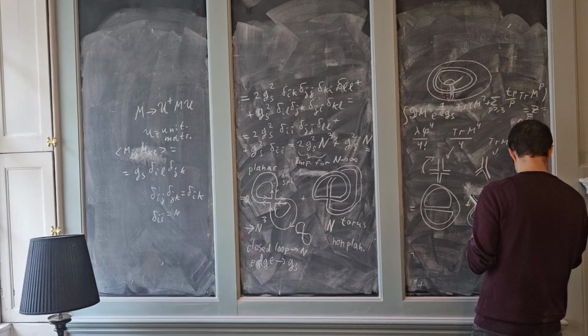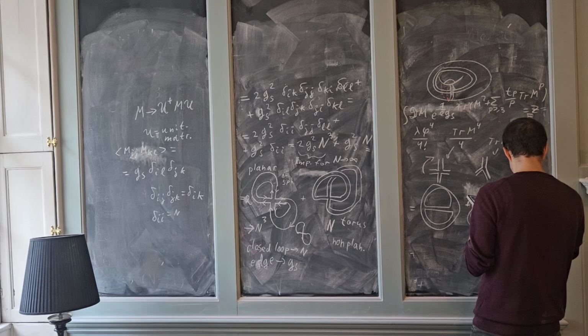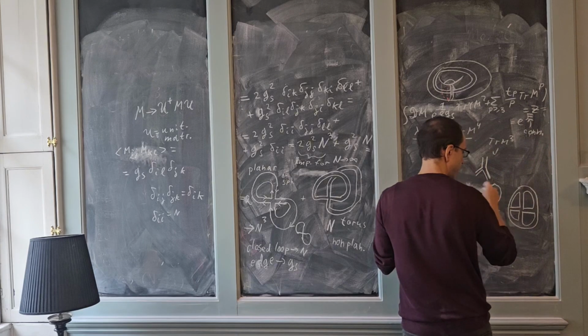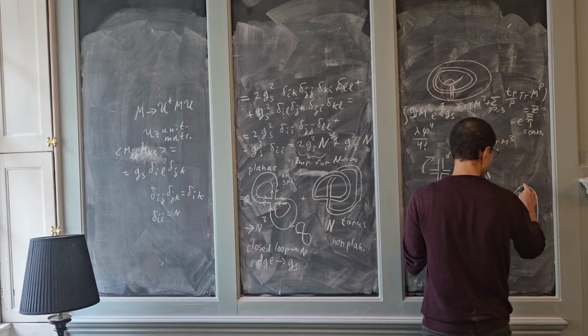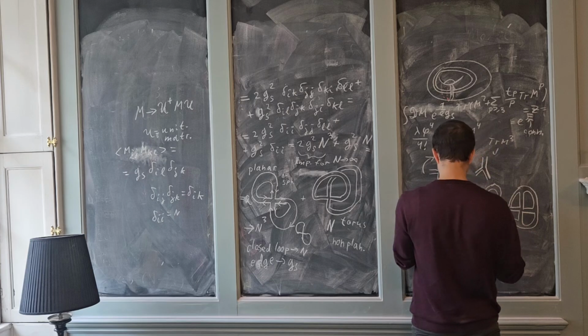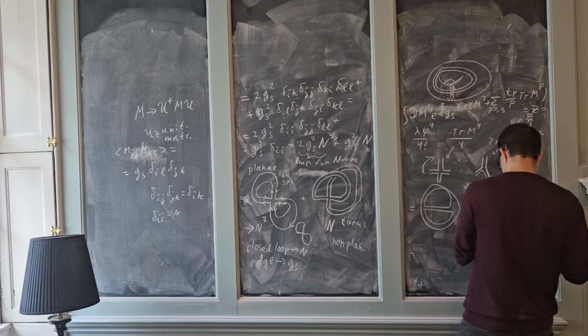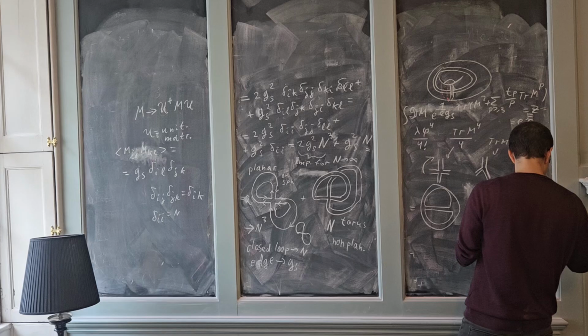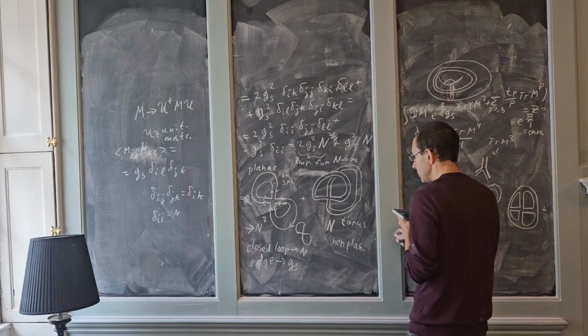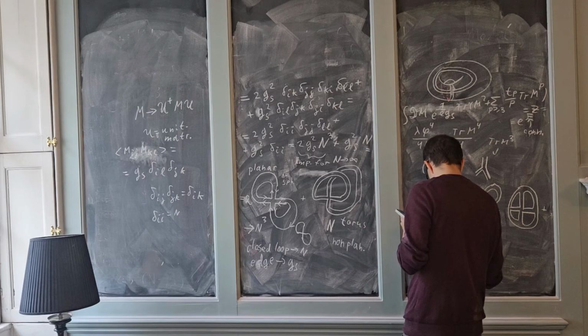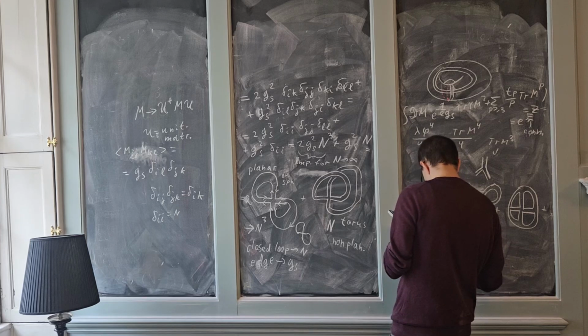Here, here, here, here, and here. This one would originate from 1 quartic vertex and 3 cubic ones, and this one has 4 cubic vertices. Here, here, here, here are all cubic vertices. Let's redraw the one that we had there.